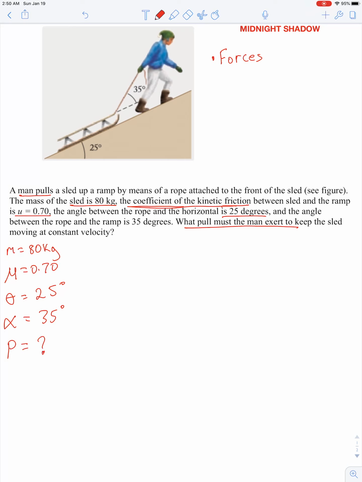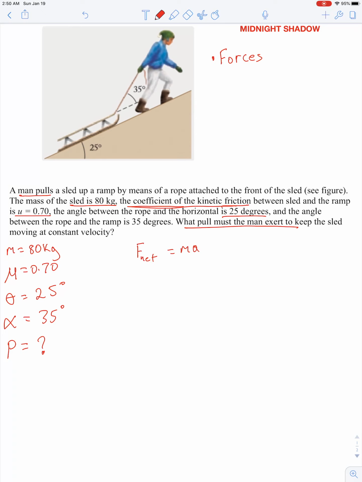For every single problem, the first thing you have to do is write down what is true once you've figured out the concept. So for this particular concept, forces, what is true? We know that F net equals ma.